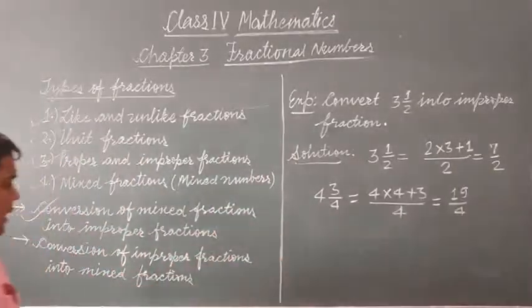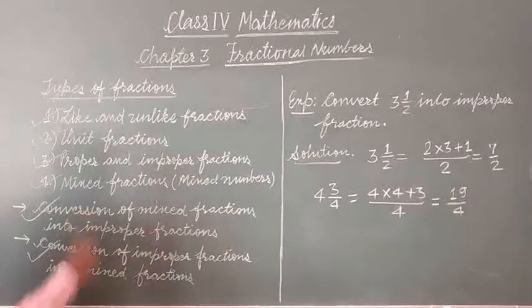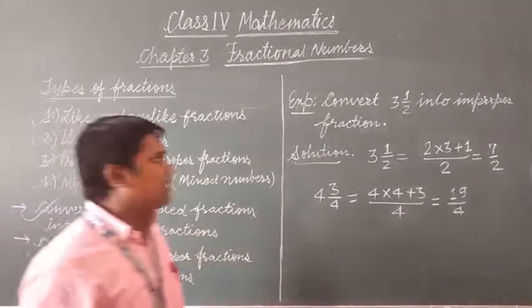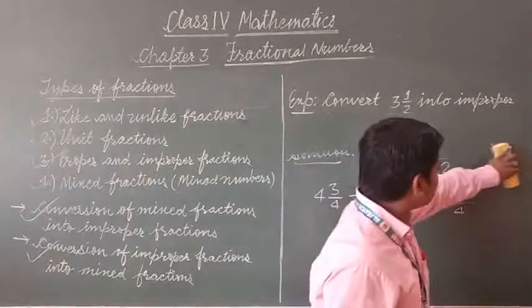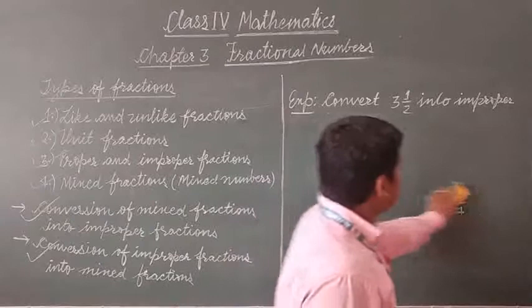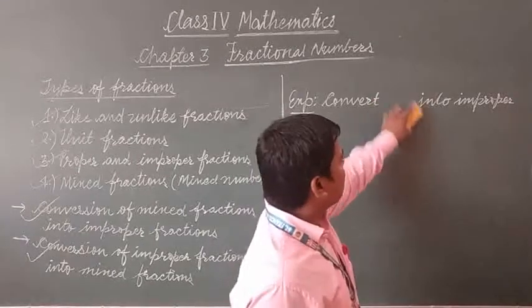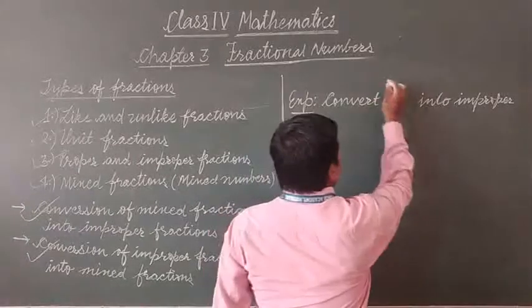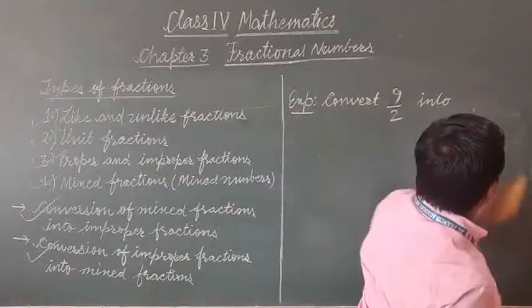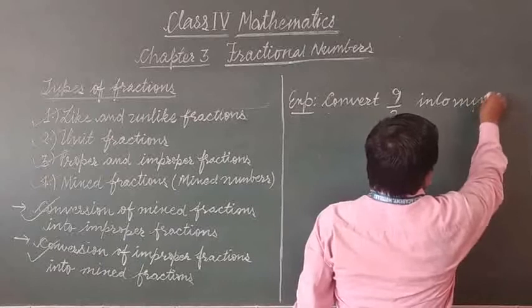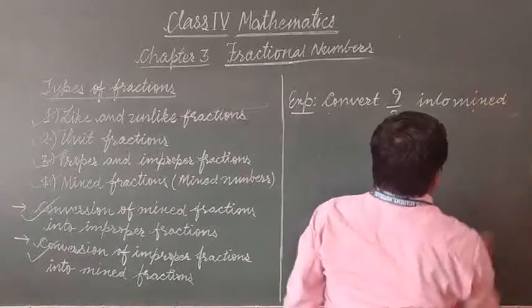Now the next topic is conversion of improper fraction into mixed fraction. So I am writing the example. It is quite easy also. Convert 9 by 2 into mixed fraction.